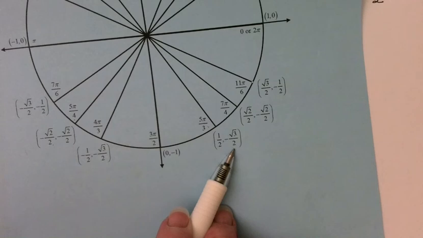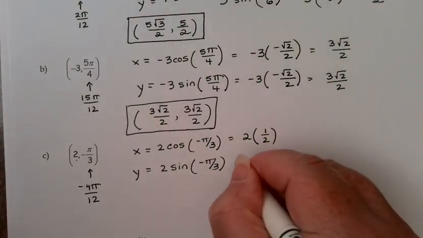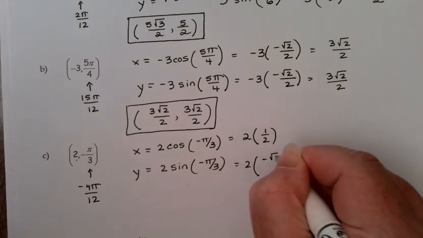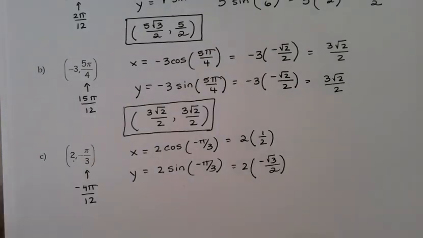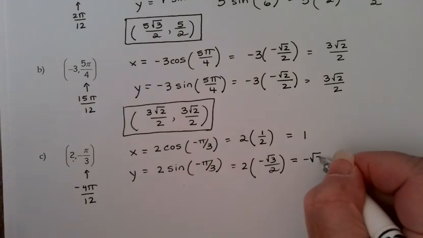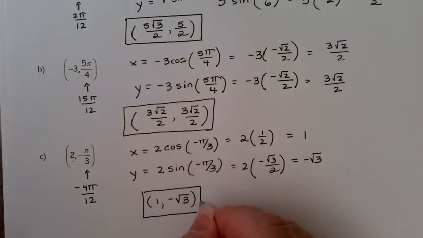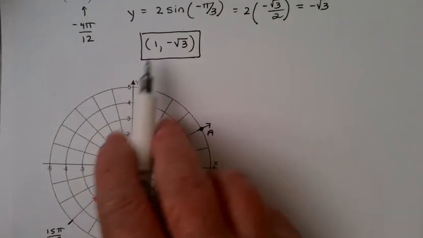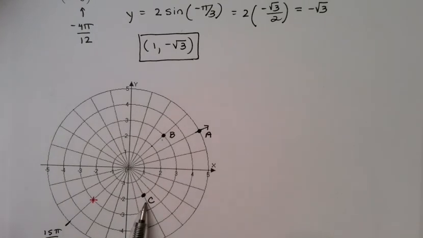The sine is negative square root 3 over 2. So I just get 1 for x and negative square root 3 for y. And those are the coordinates of my point in rectangular coordinates. And again, notice that makes sense. In rectangular coordinates, we'd go over to the right and then down a negative y value to get to C.